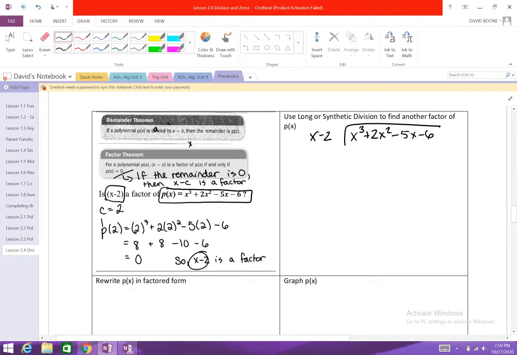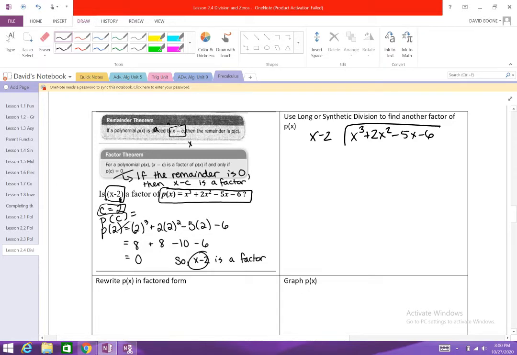So we're going to look at finding out what p of c is. In this case, x minus 2, our c value is 2. So you can see x minus c, it's x minus whatever that c value is. So I'm going to find out what p of 2 is.